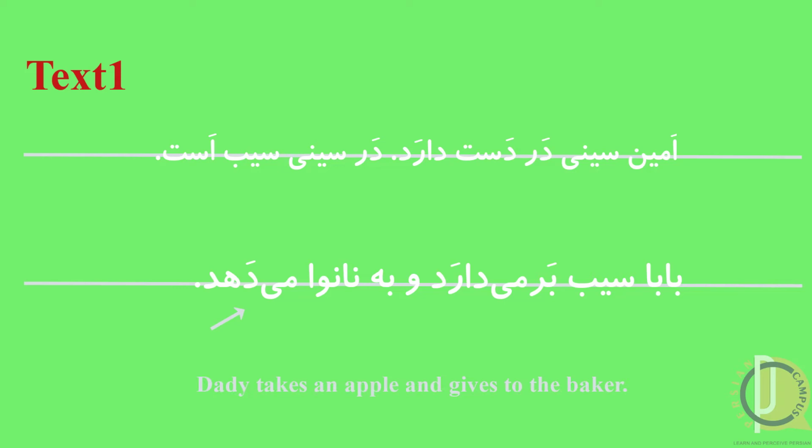Pay attention that this is the formal usage of the language. It is not informal. You will learn the informal form of Persian soon. Now try to repeat the complete sentence. بابا سیب برمی دارد و به نانوا می دهد. Now shadow with me. بابا سیب برمی دارد و به نانوا می دهد.